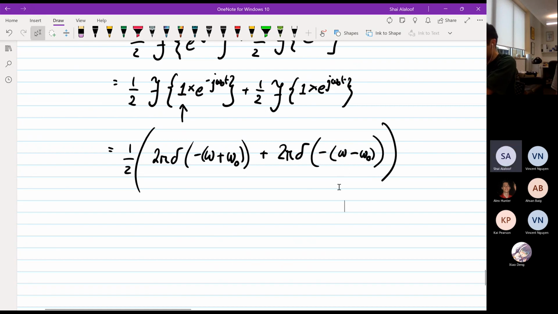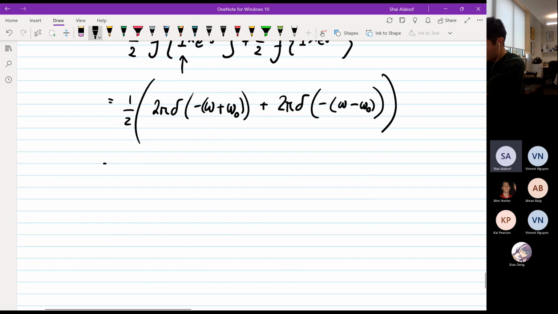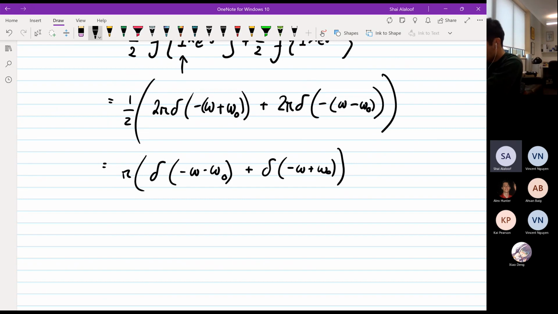So all that's left is to neaten this up a bit. We've got a half on the outside, and actually the 2 pi's are going to cancel it out, so I'm just going to write pi out the front. So we've got Dirac of omega minus omega naught, plus Dirac of minus omega plus omega naught.